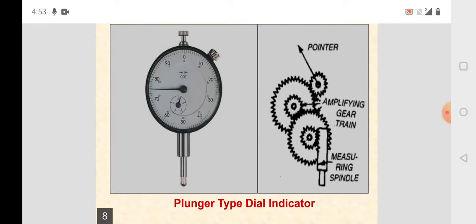The magnification means a very small difference in the dimension can be converted into movement of this spindle and the indicator on the dial, and we can easily get the variation. Here we can get up to 200 times magnification of the variation in the dimensions.